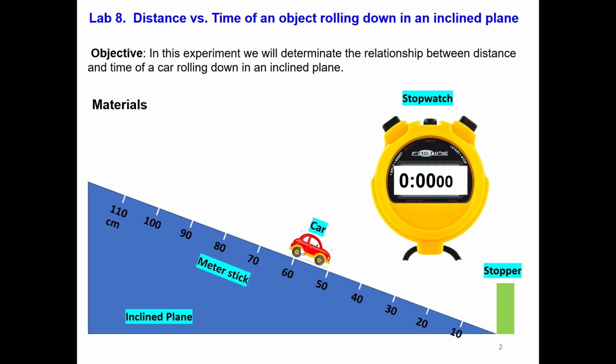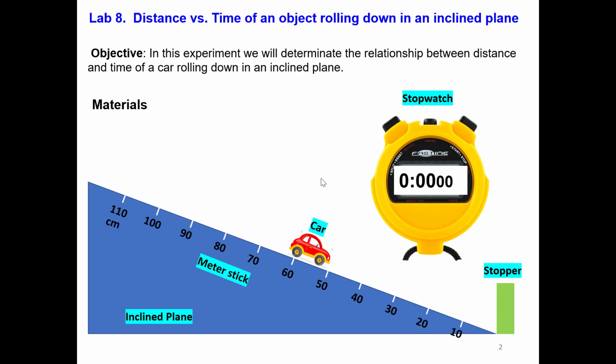The materials we are going to use in this experiment will be the inclined plane, the meter stick, the stopwatch, the car, and the stopper. In this experiment, distance and time will be the variables, what we are going to measure.